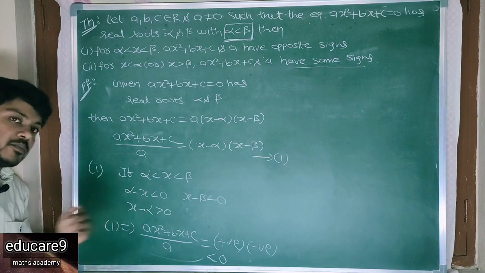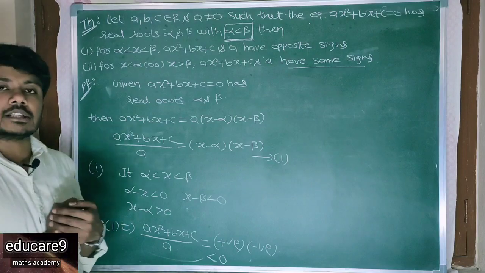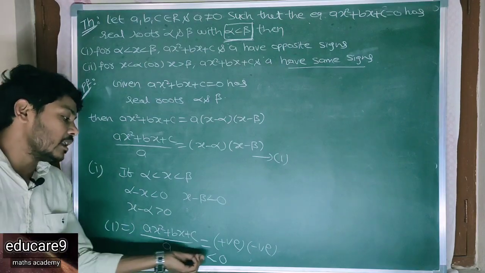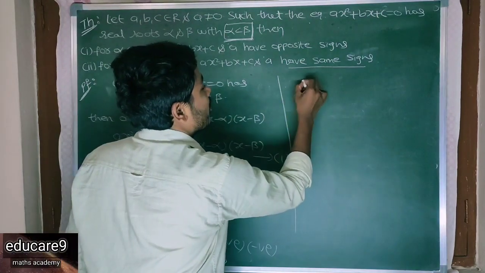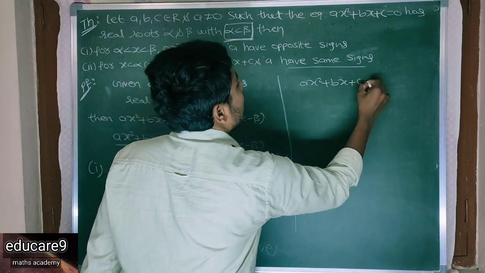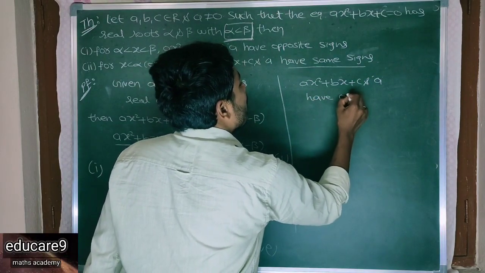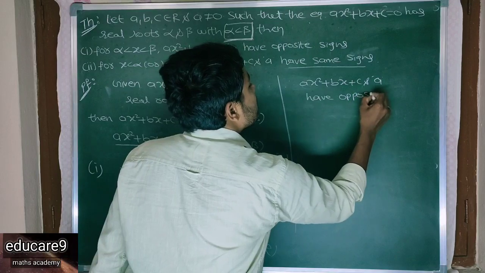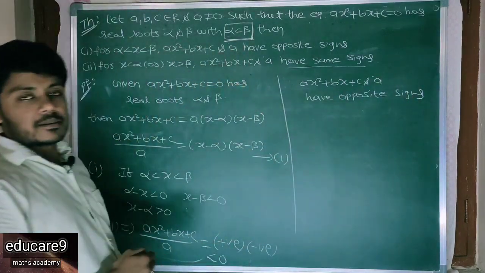So clearly from this we can say that the expression and a have opposite signs. Then only this is less than 0. So therefore ax square plus bx plus c and a have opposite signs. So this is the first case.